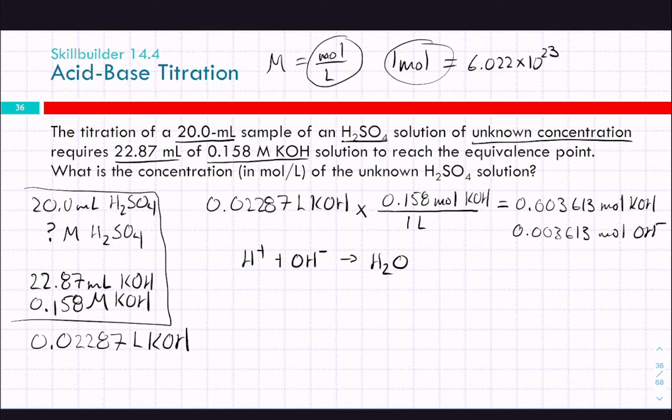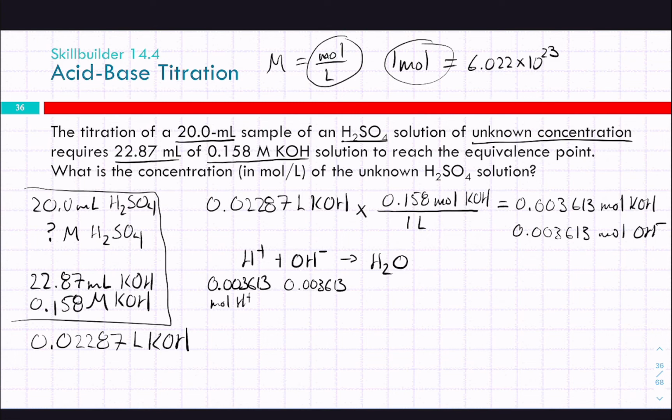So how many moles of hydroxide have to react with how many moles of hydrogen to neutralize them? It's 1 to 1. So is it 0.003613? Yep. So that means that if we had 0.003613 of hydroxide, we had to react with 0.003613 moles H plus.